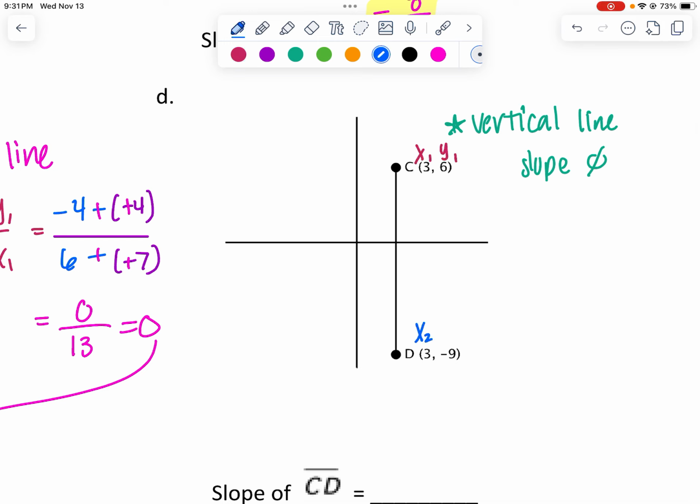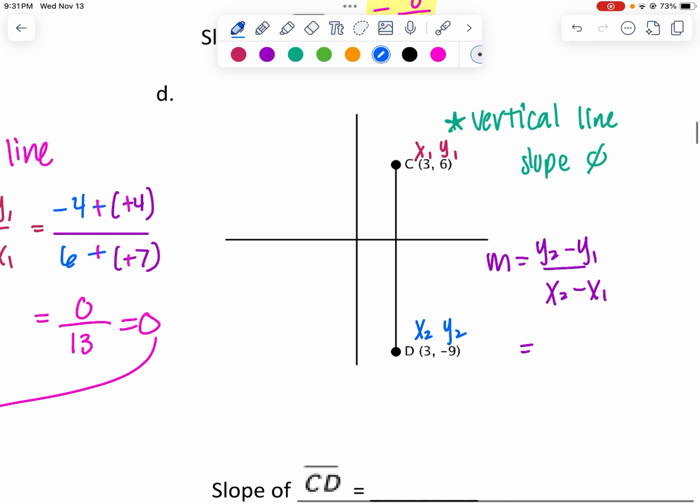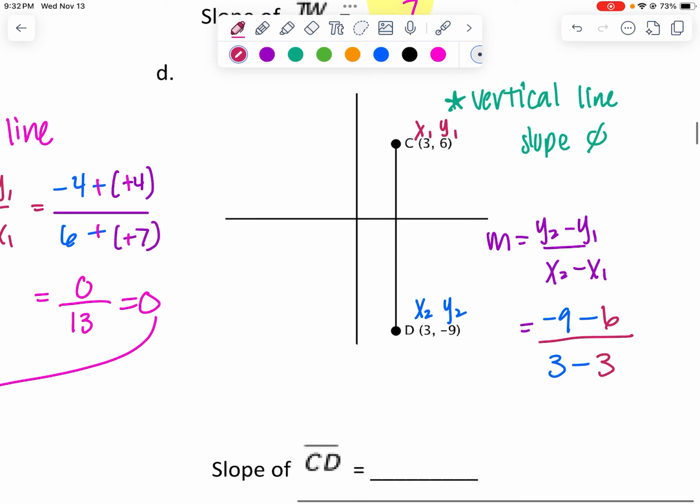D is my x2, y2. If I were to go ahead and use my formula, y2 is that -9 minus my y1, which is 6, all over my x2, which is 3, minus my x1, which is also 3.